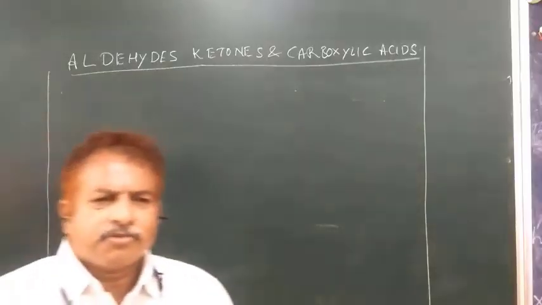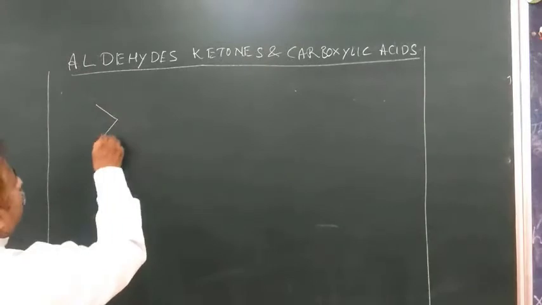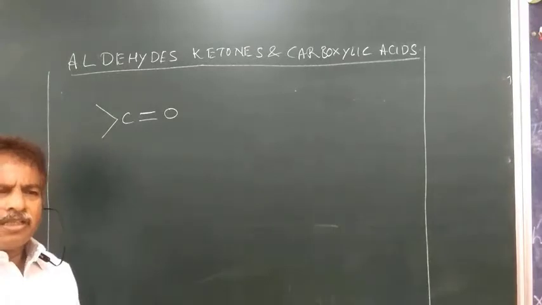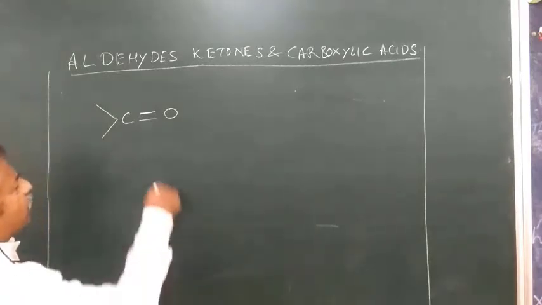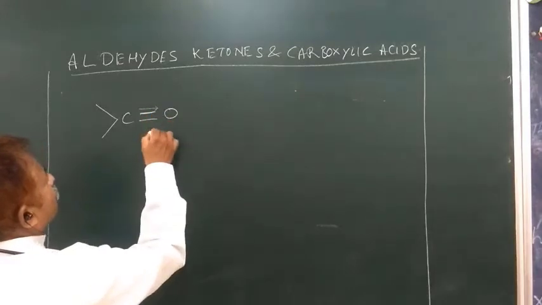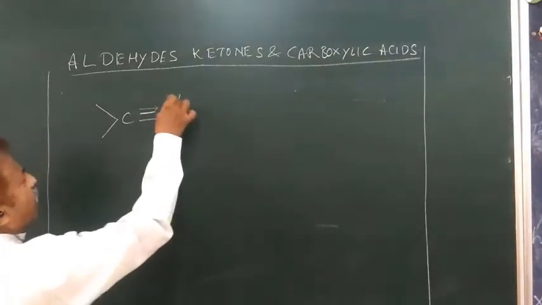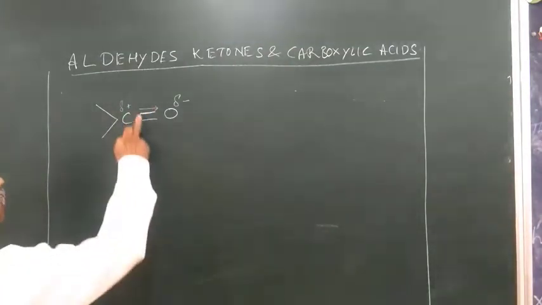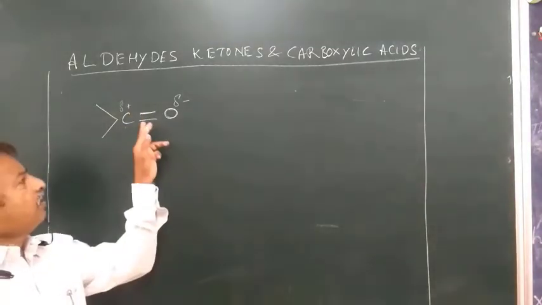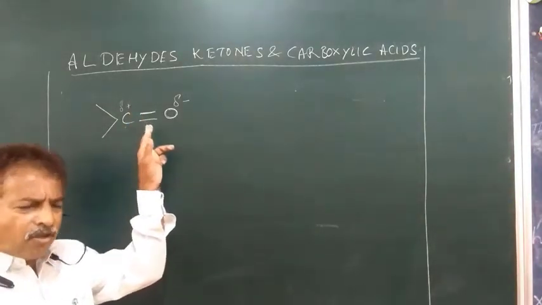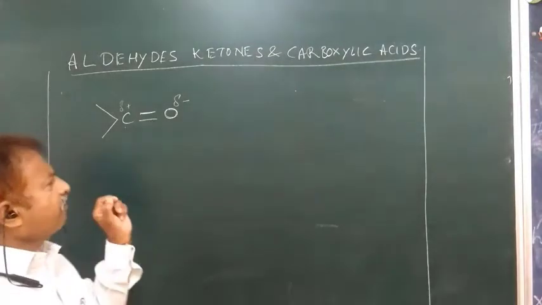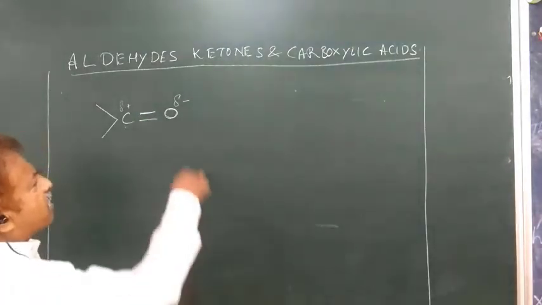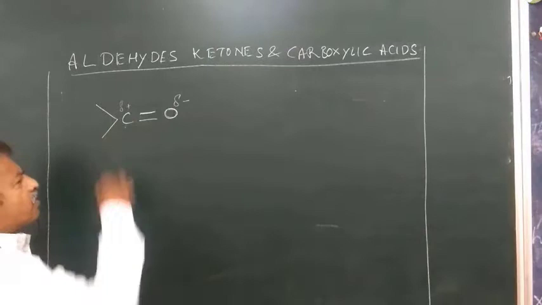Aldehydes and ketones have a carbonyl group. This is the carbonyl group. We know that oxygen is the more electronegative atom. Due to this, the electron density is pulled towards the oxygen, therefore it gets a partial negative charge. On the other hand, carbon has a partial positive charge.